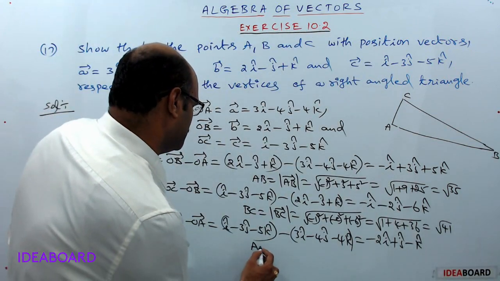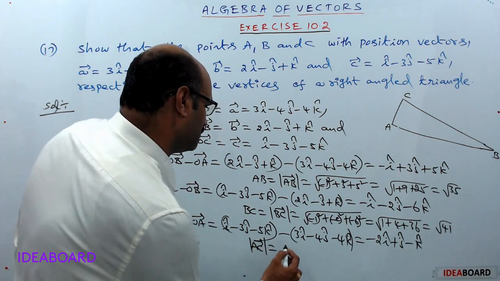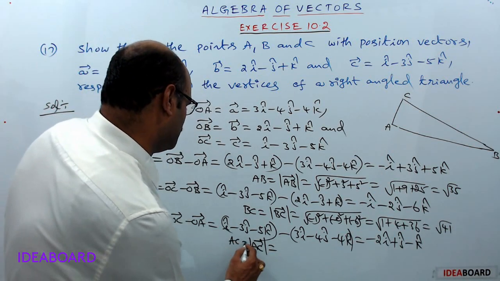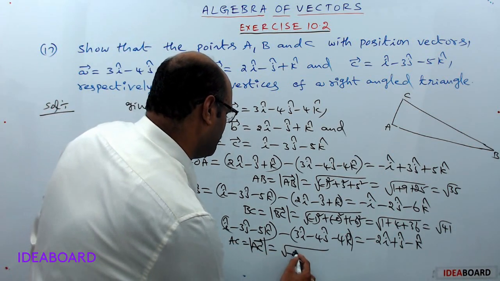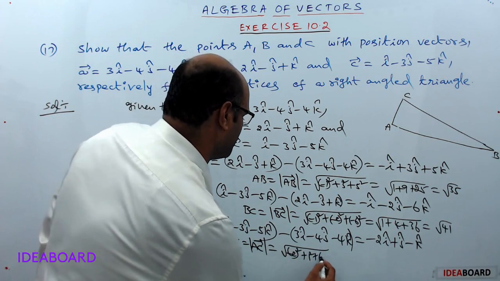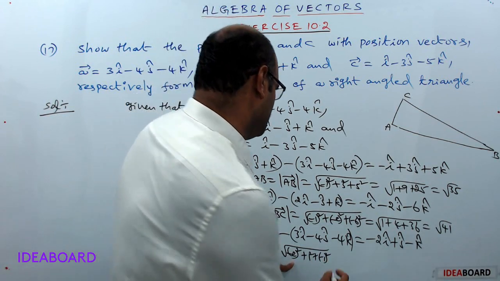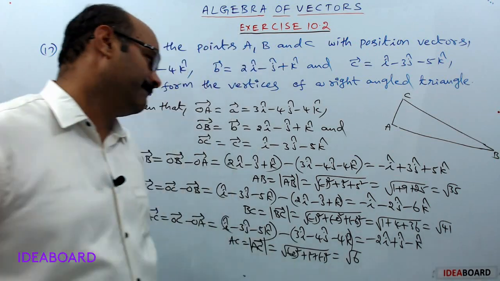It implies the magnitude of AC vector equals square root of (minus 2) square plus 1 square plus (minus 1) whole square, equal to square root of 6.